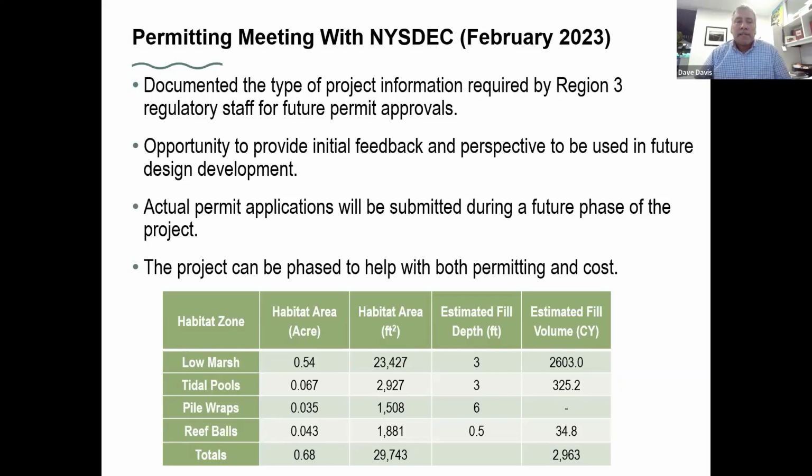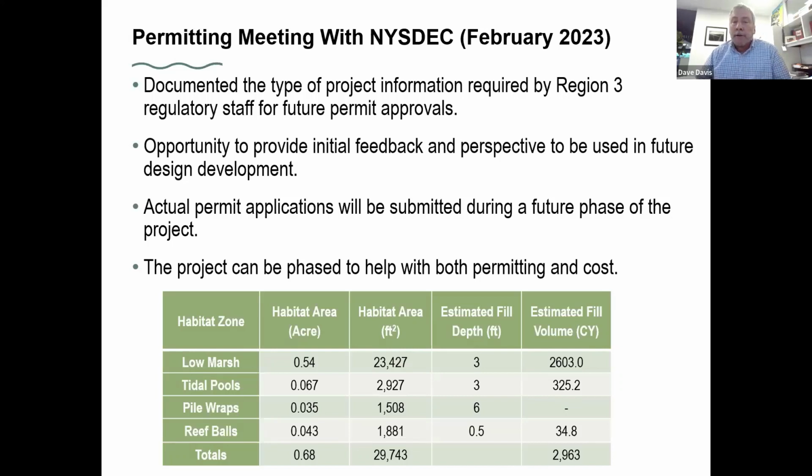And so with a table like this, we can show that the project, we estimate, would create about 0.7 acres of habitat. A lot of that is the low marsh areas that Barbara talked about, but the reef balls and the pile wraps would also create habitat.